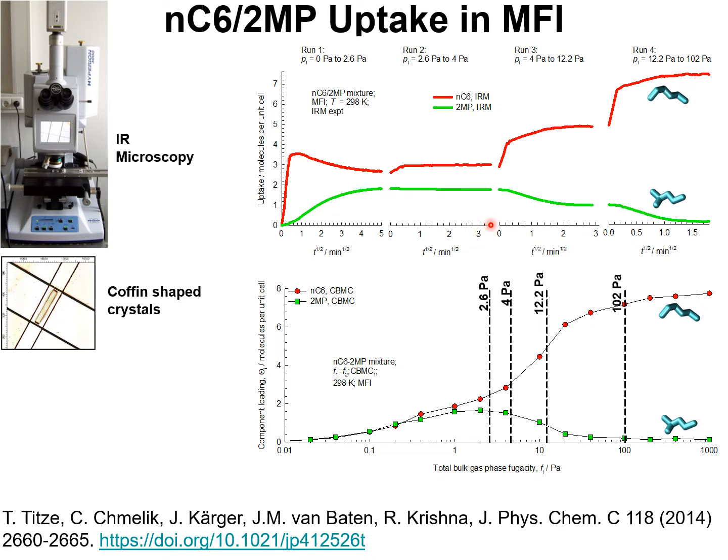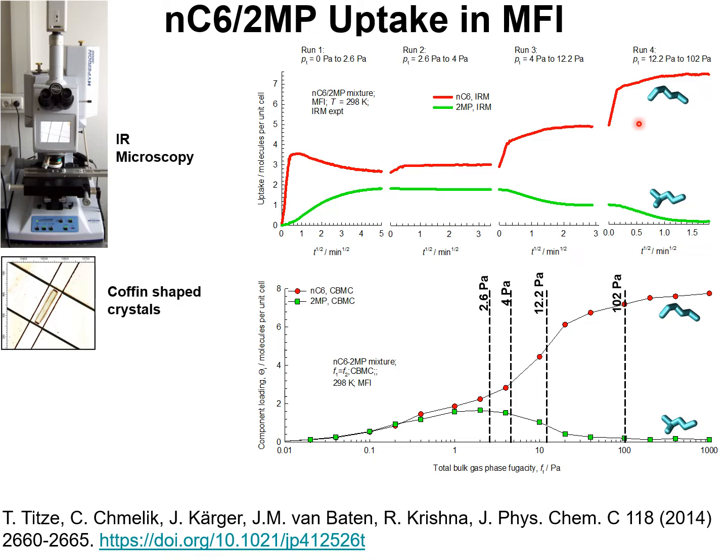After it has equilibrated to a pressure of 4 pascals, the pressure was increased from 4 pascals to 12.2 pascals. And then we see the normal hexane loading within the crystals increases further. The y-axis shows the loading in the units of molecules per unit cell. However, we note that the loading inside the crystals of MFI zeolite for 2-methylpentane decreases as the pressure is increased from 4 pascals to 12.2 pascals.